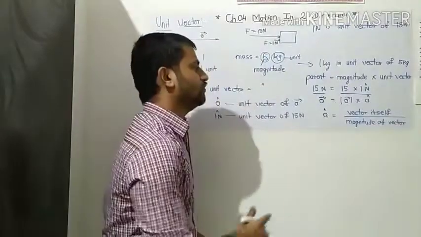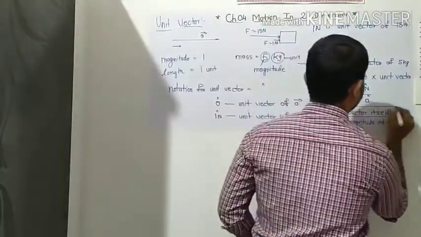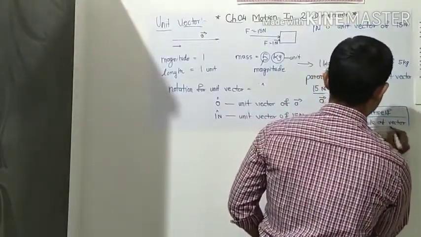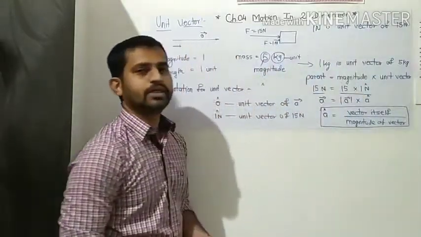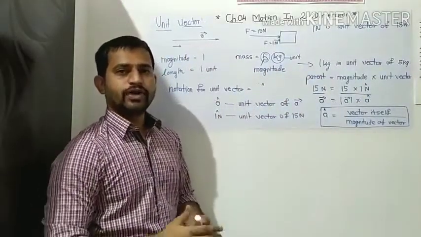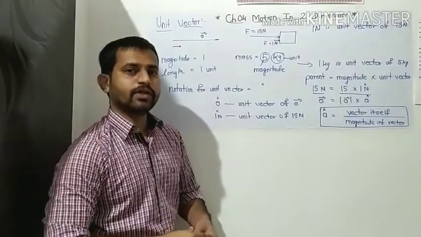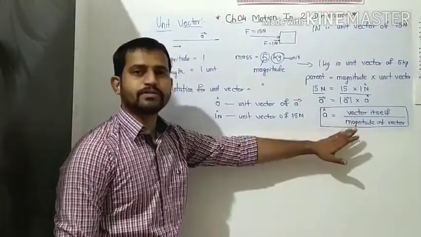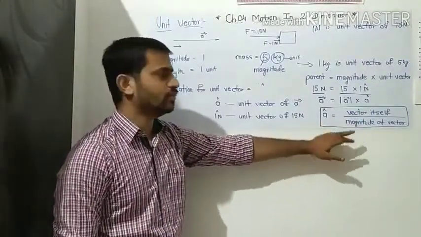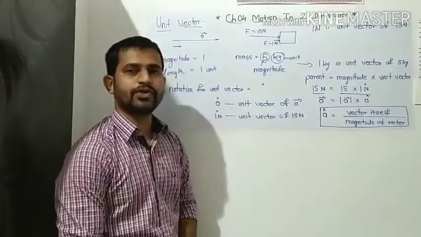Okay, so this is the formula for the unit vector: if we have any one quantity in terms of its unit vectors, we can give the unit vector of that quantity as the vector itself upon its magnitude.